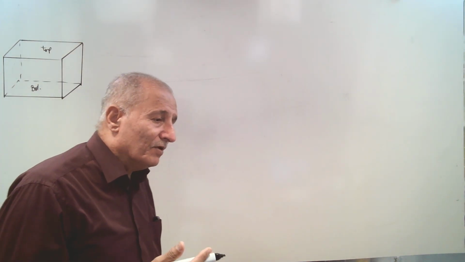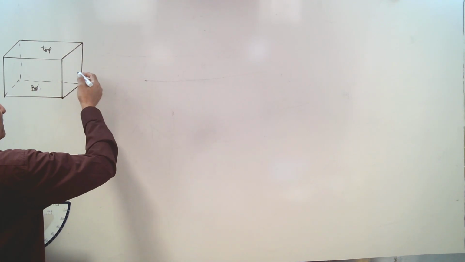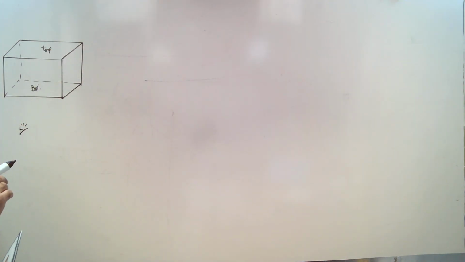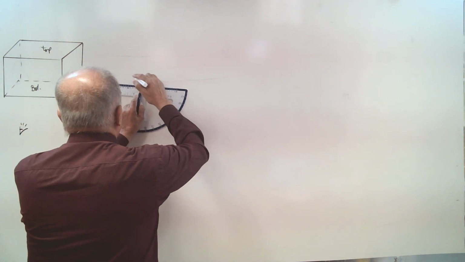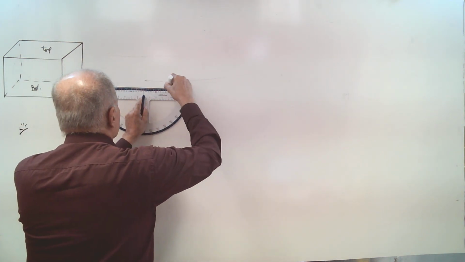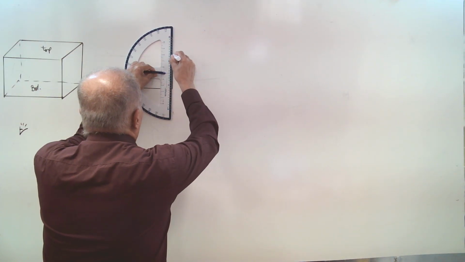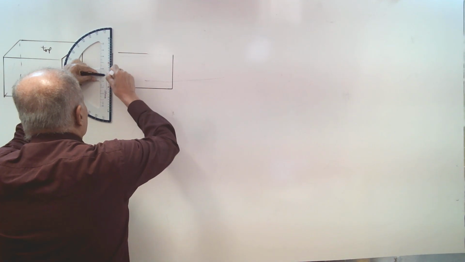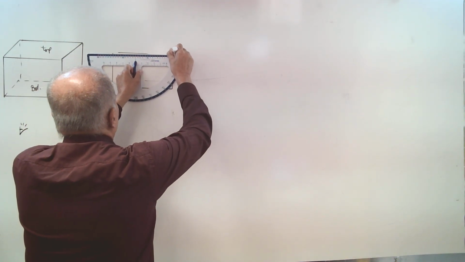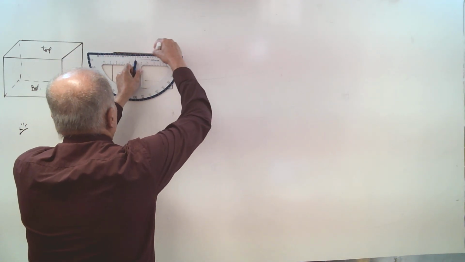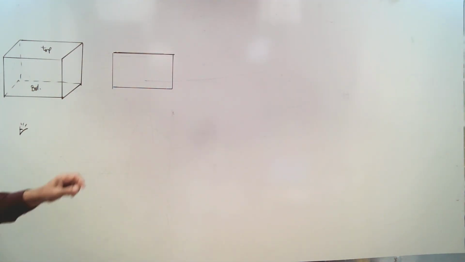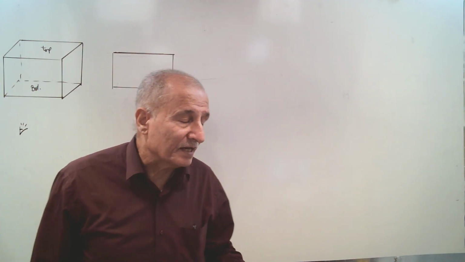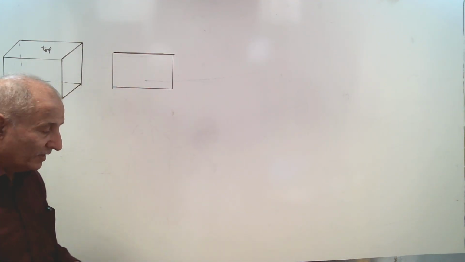Then, if I look from the front and draw the 2D view of the front of the object, which is this one, then this line represents the top surface and this line represents the bottom surface.